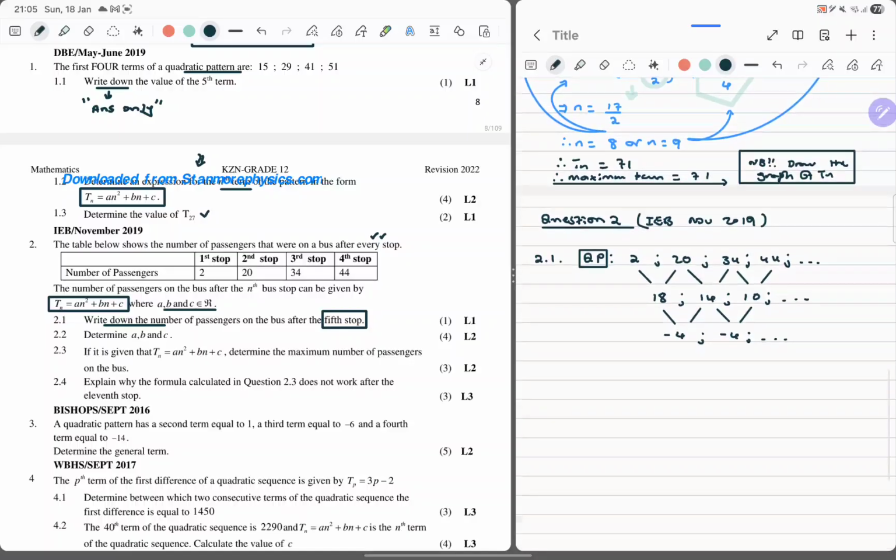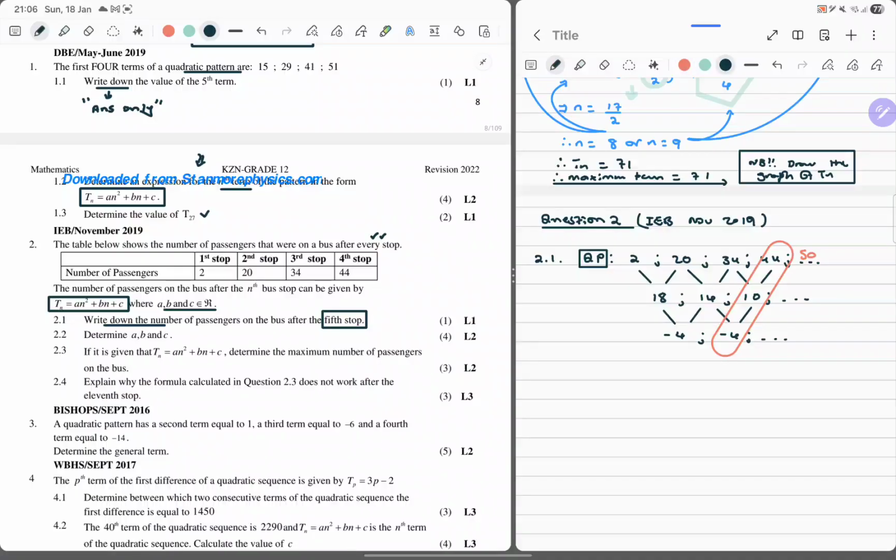So the question was, we need to write the 5th stop number of passengers. As I showed you guys, we just do our thing, or however you were taught to do this. So if I add this minus 4 plus 10, I get 6. Then 6 plus 44 is 50.